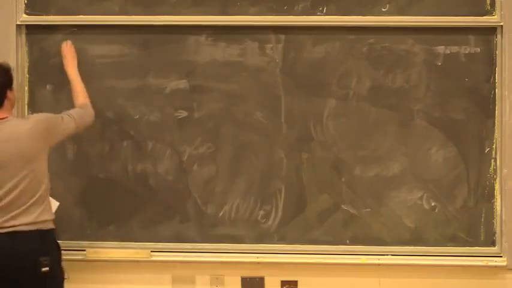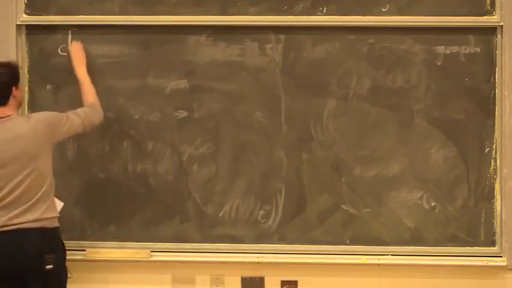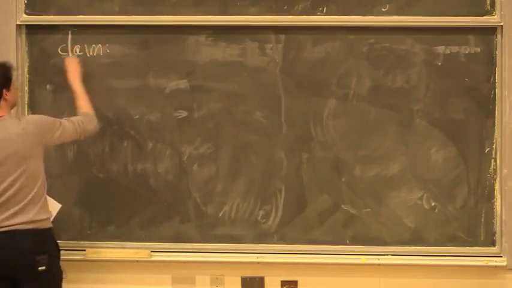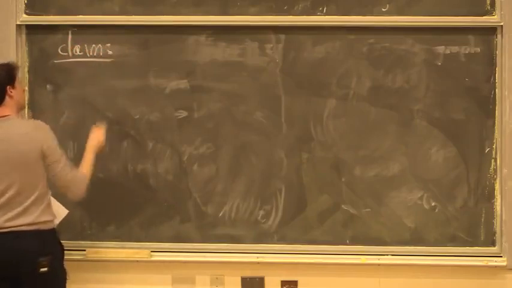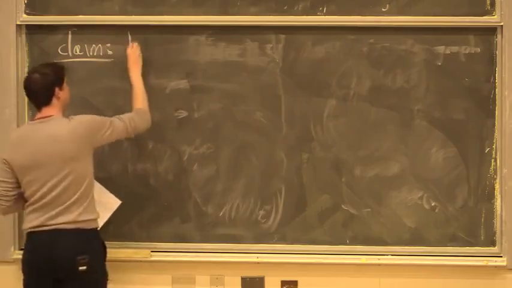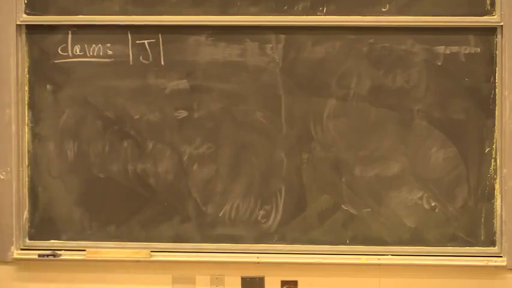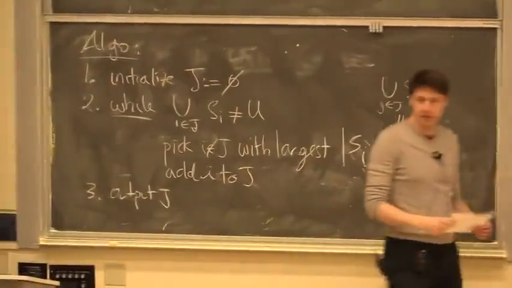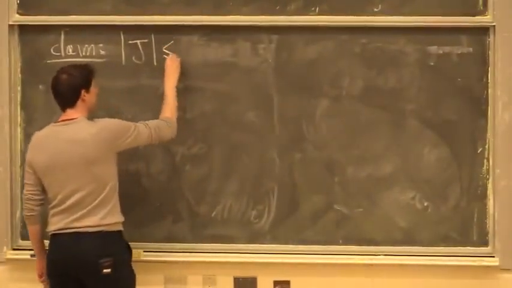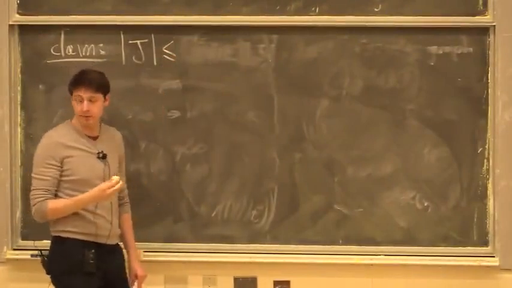All right, so here's what we're going to prove. We're going to prove that, let's call it J, the one output by the algorithm, the greedy output, is not too big, because we want to minimize it.